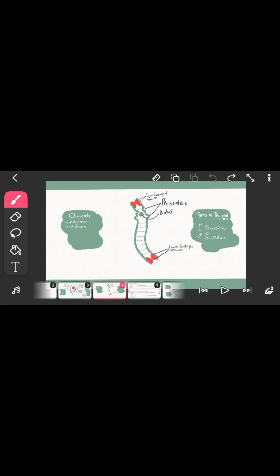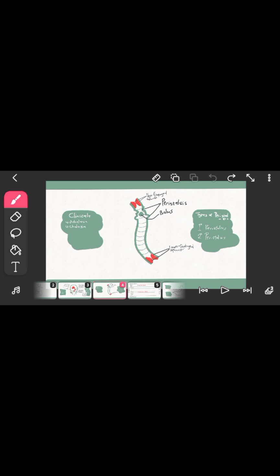So on getting here, we have basically one movement because the esophagus function is to transfer food from the mouth to the stomach. So there is only one movement here, which is peristalsis.